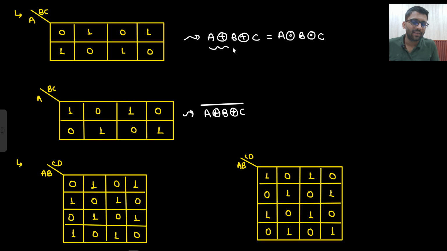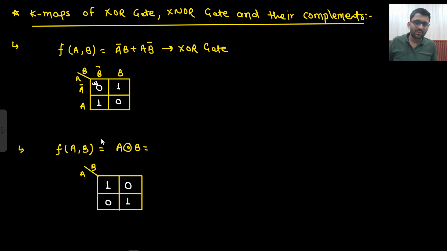Basically, if this is A XOR B XOR C, then these are the complemented forms. This is simply the complemented form, no? So this is also simply a complemented form. 0 is replaced with 1, 1 is replaced with 0, 1 is replaced with 0, and 0 is replaced with 1.